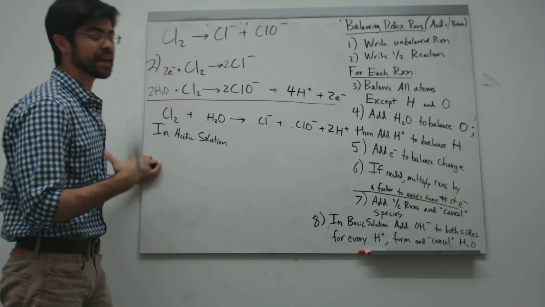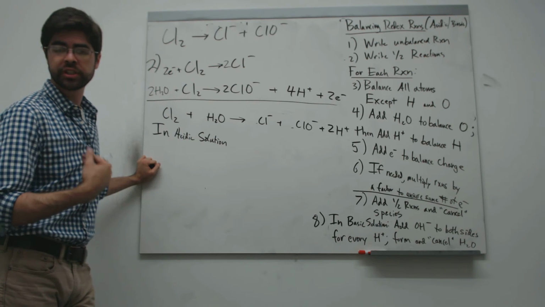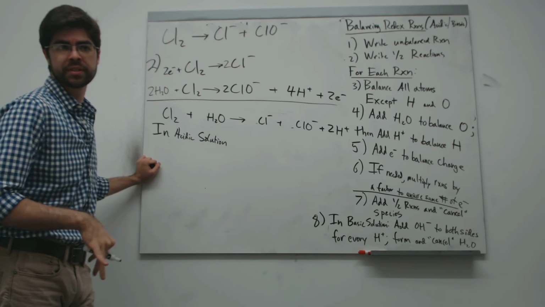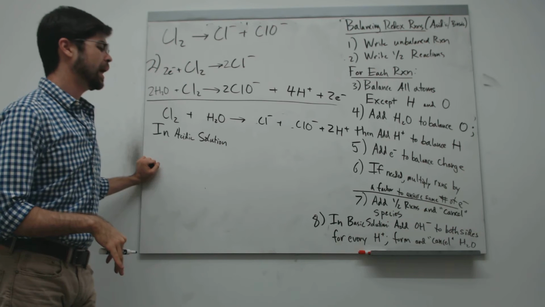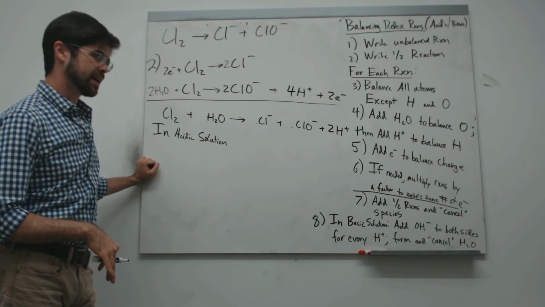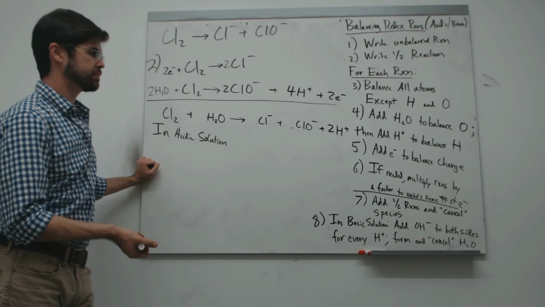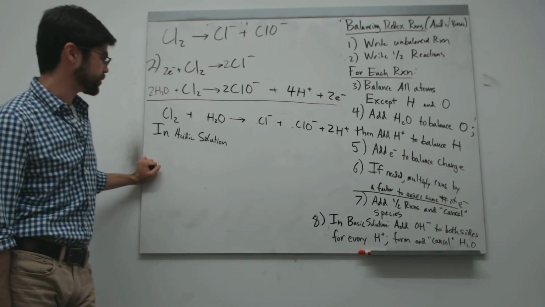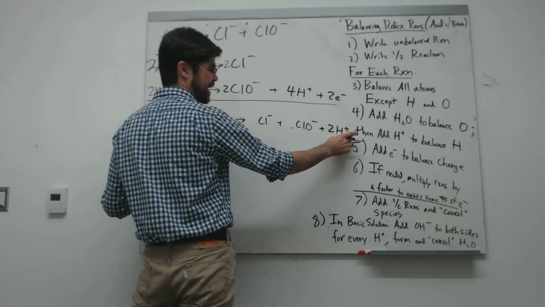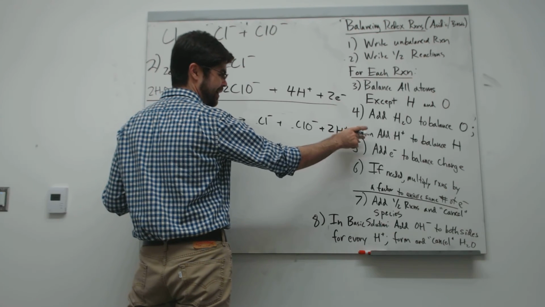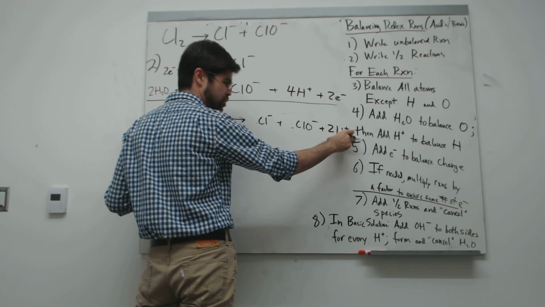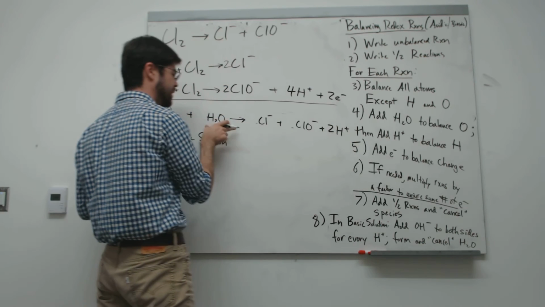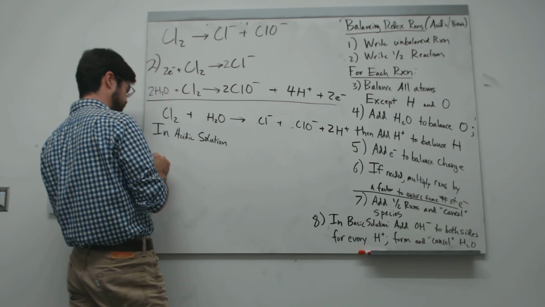In basic solution, again, the question would specify whether it's in acidic or basic solution. We're going to add hydroxide ions to both sides and then convert those into waters, and cancel any extra waters. So I've got 2 H plus ions, so I'll add 2 hydroxide ions over here and 2 hydroxide ions over here.